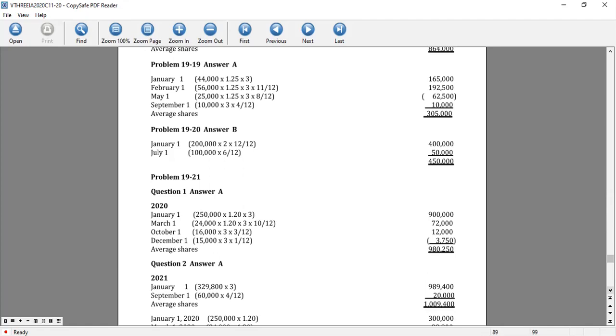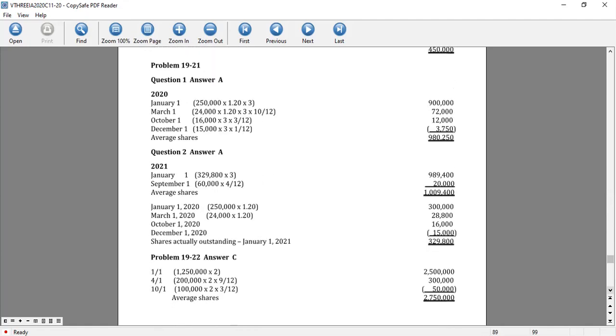Then on September 1, we have the issuance again of 60,000 shares times 4 over 12 from September 1 to December 31. So the average number of shares is 1,009,400. That was for 2021.